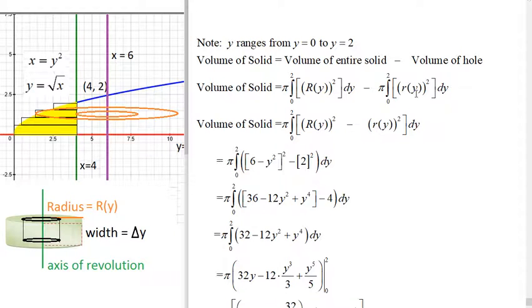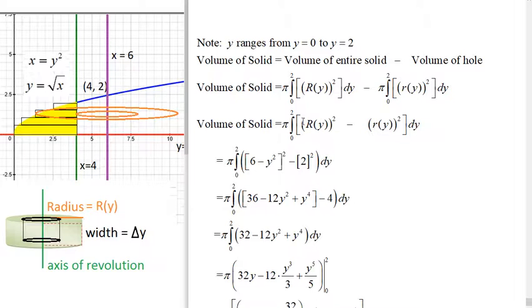The volume for the hole is pi times small r of y squared dy. And we can combine them like this. So this is R of y squared, the big R, minus r of y squared, the small r.